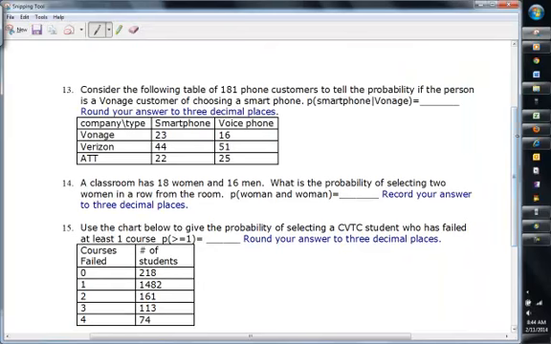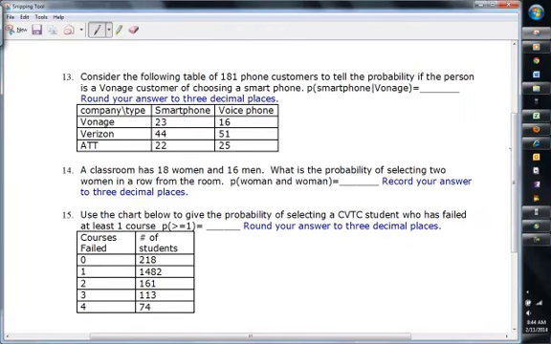Consider the following table of 181 customers and tell the probability that, if the person is a Vonage customer, they chose a smartphone. So our total is not all of the people, but just the 23 and the 16 who are Vonage customers, and then their probability of choosing a smartphone.